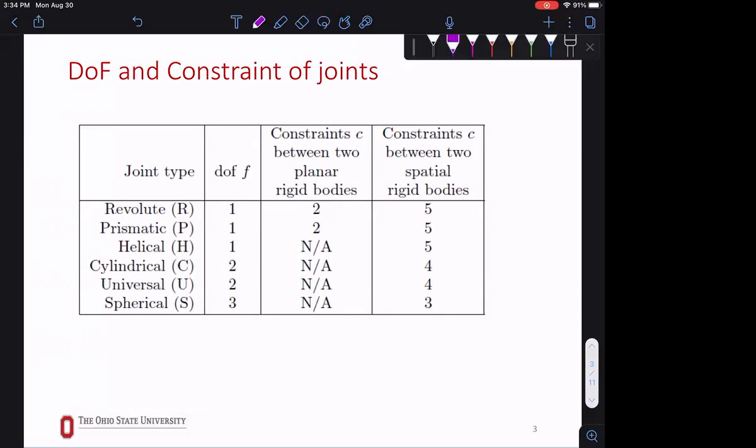The first 2 are revolute and prismatic. They could happen in planar, in 2D, right? So we can define a constraint for them. The other 4 are only in 3D, so it doesn't make sense to define a 2D constraint for them. So whenever you have these 4 joints, you are automatically in 3D or spatial.